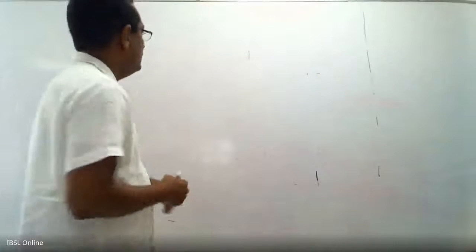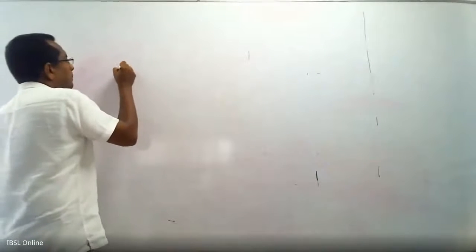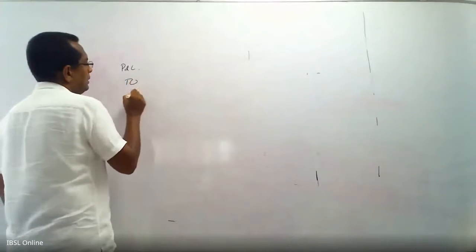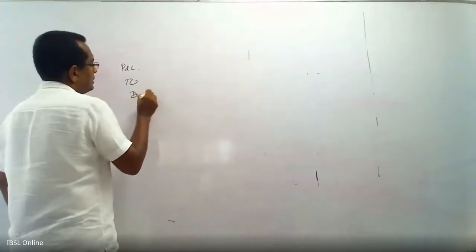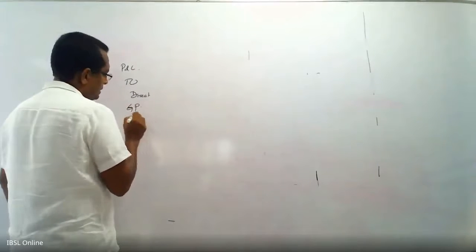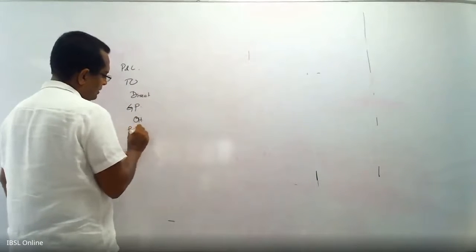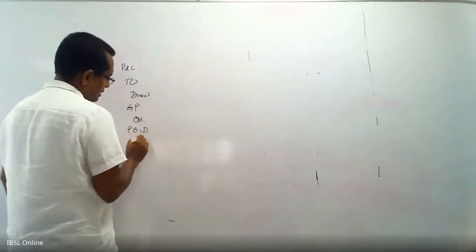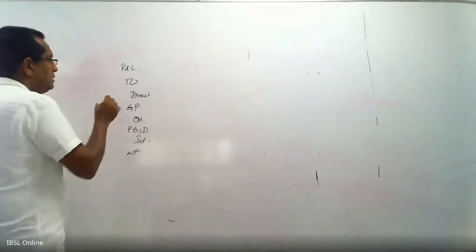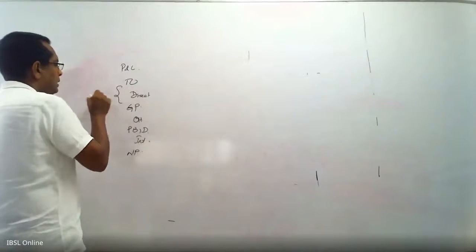Right. See, P&L is turnover, direct cost, gross profit, overheads, profit before interest and depreciation, interest, net profit. Right? This is the variable cost.